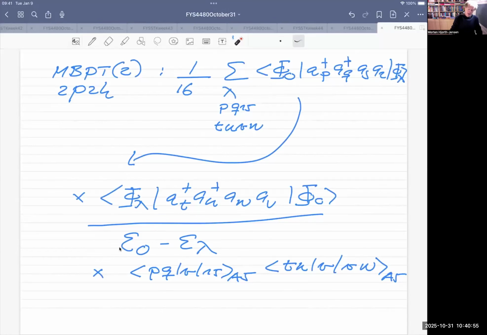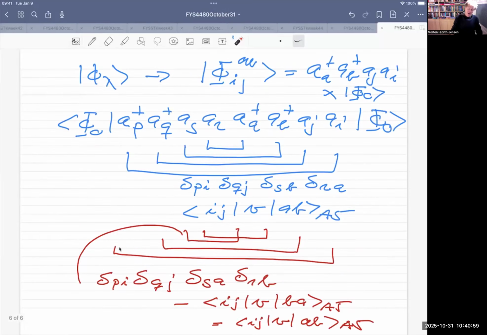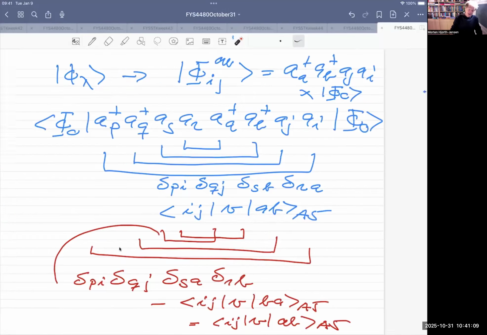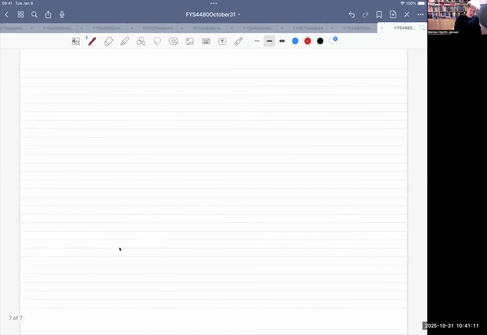double sum here is going to be simply reduced to a summation over the states A, B, and I and J. So if I do this now without considering the fact that this one multiplied with phi lambda is actually an operator, what we are going to get is the following. I will now get an expression for my delta E zero for second order of the two particle, two hole types of excitations.